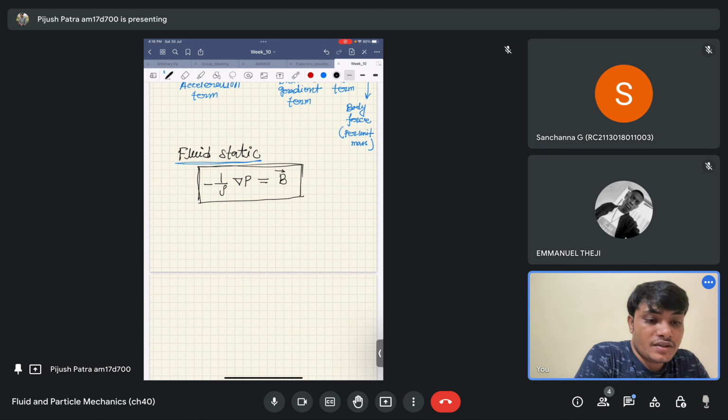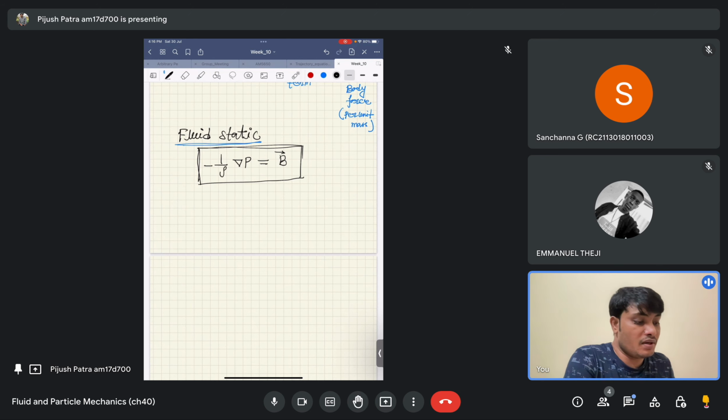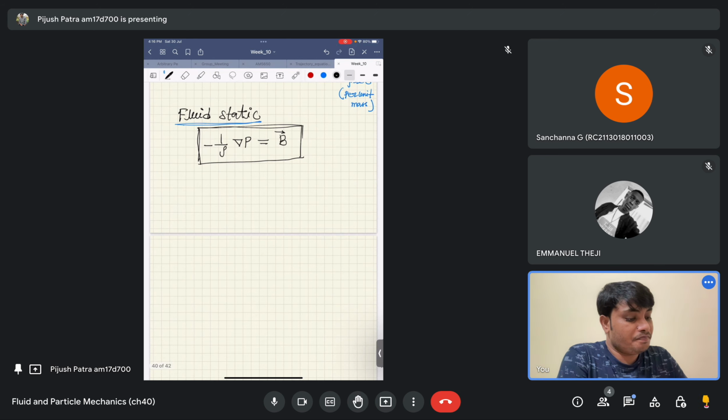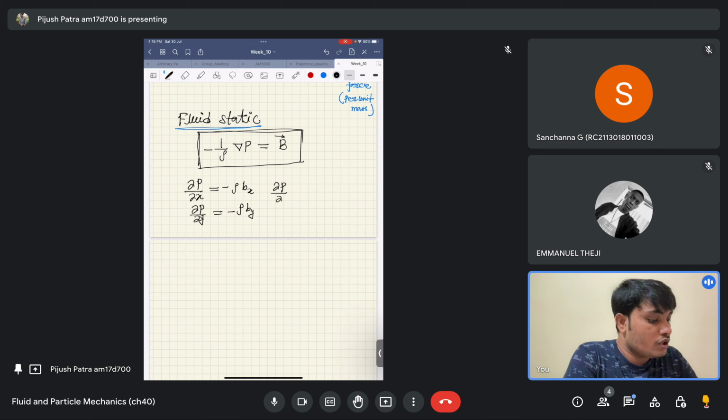If you put B equal to Bx plus By plus Bz, it is very simple: ∂p/∂x equals minus rho Bx, ∂p/∂y equals minus rho By, and ∂p/∂z equals minus rho Bz.